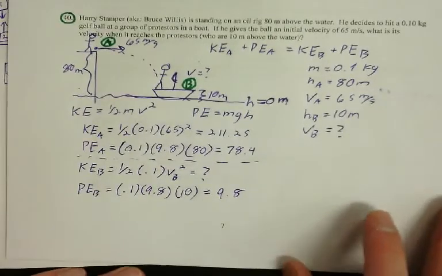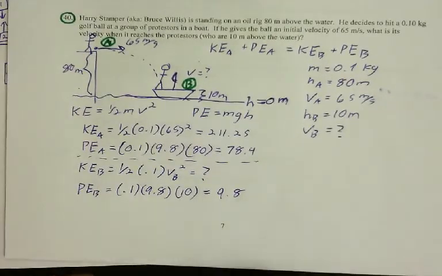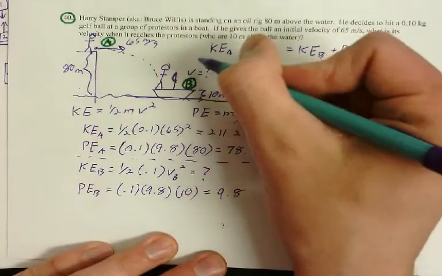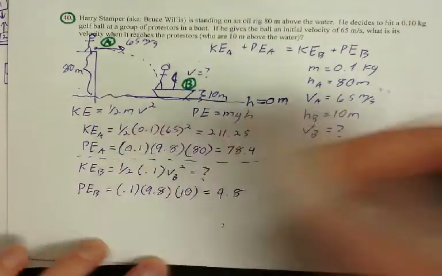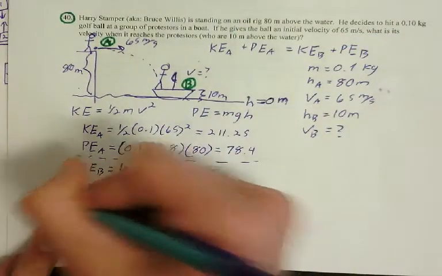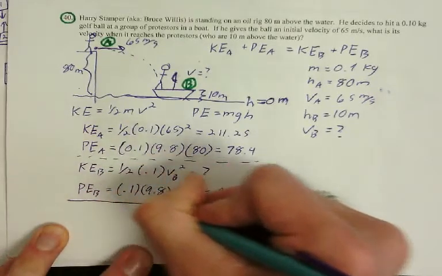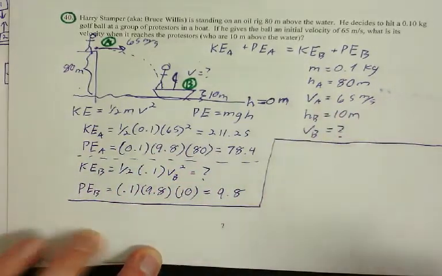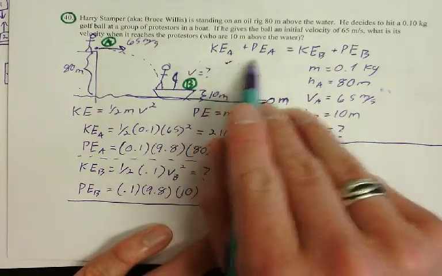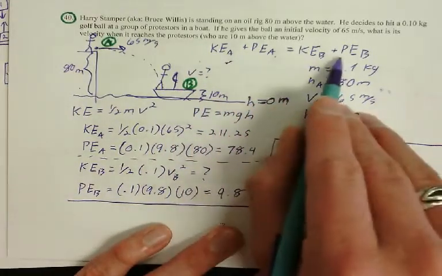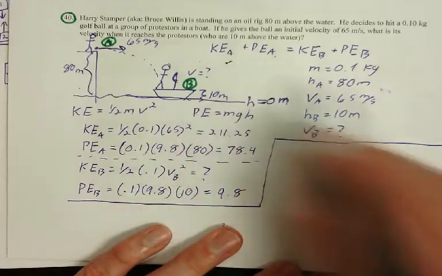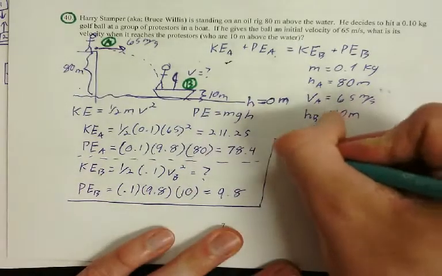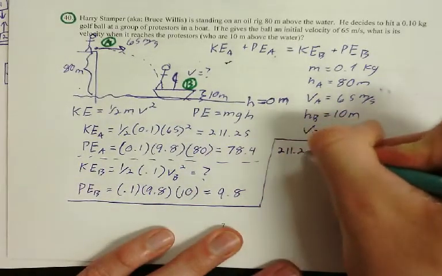Okay, so once we've got all that stuff set up, knowns and unknowns, drew the diagram, set up my kinetics, now I'm ready to plug in and set up my equation. So the equation is kinetic at A plus potential at A equals kinetic at B plus potential at B. So the kinetic at A, 211.25.